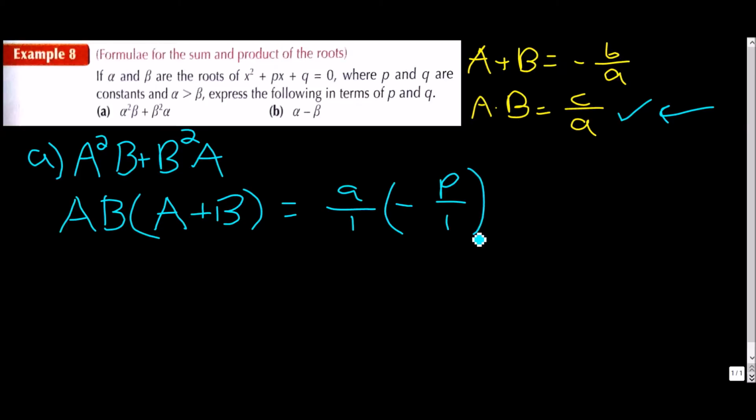So if I go ahead and simplify this, this is going to be negative pq or negative qp, whatever you prefer. Both are the same. So this is a value, right? Just based off of what I see, just a little manipulation, I can find what I need, which is fantastic.